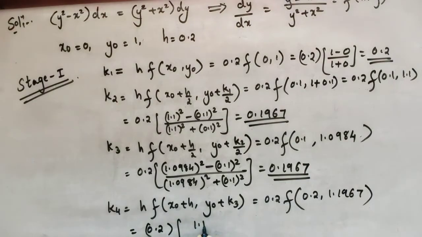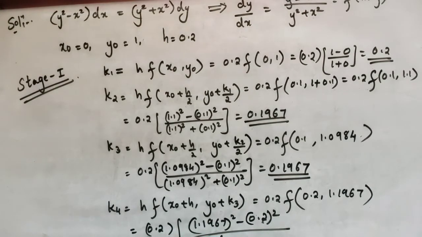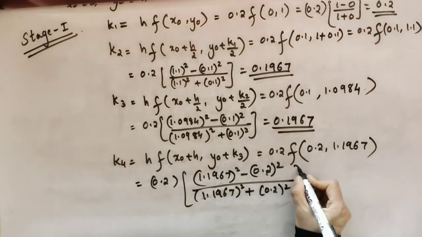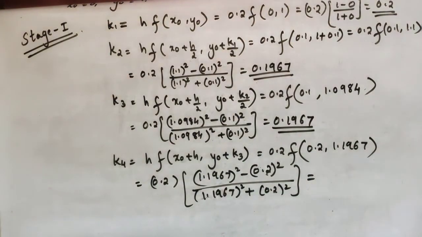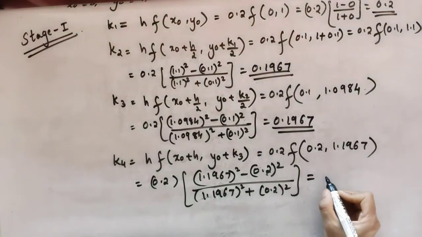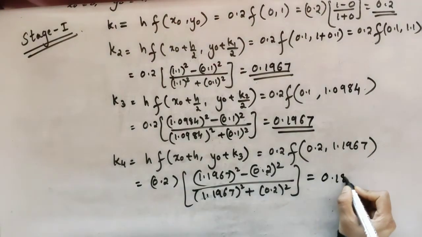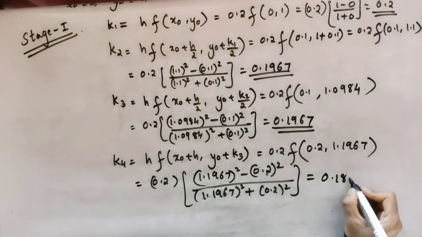So it's going to be 1.1967 square minus 0.2 square, this time it's 0.2 here, divided by 1.1967 square plus 0.2 square. Do substitute these values in your calculator. You will end up with the value to be 0.1891.